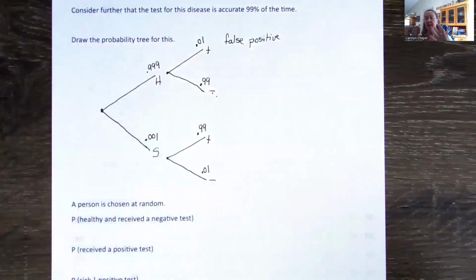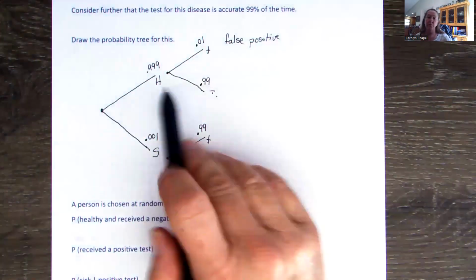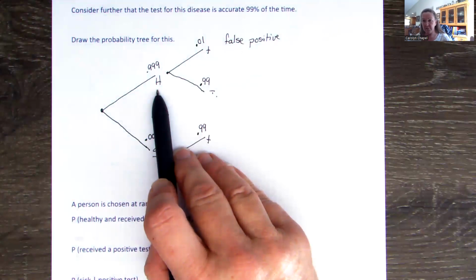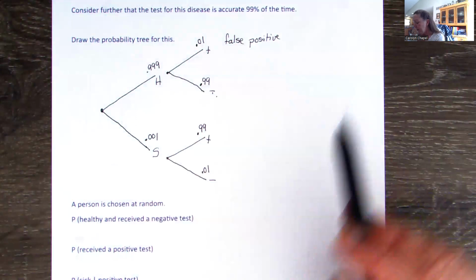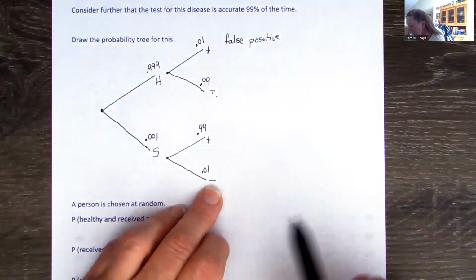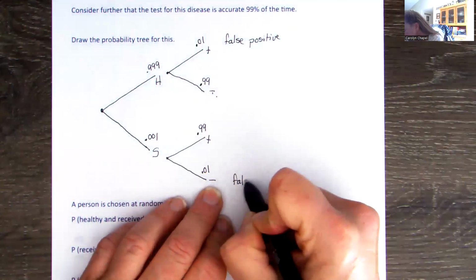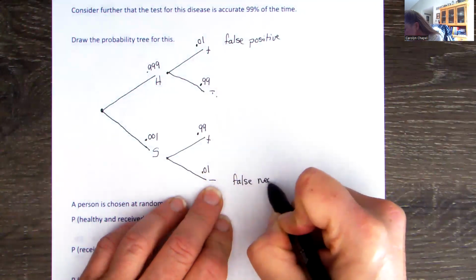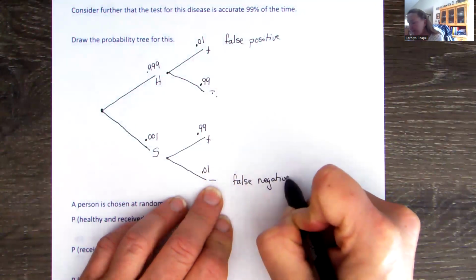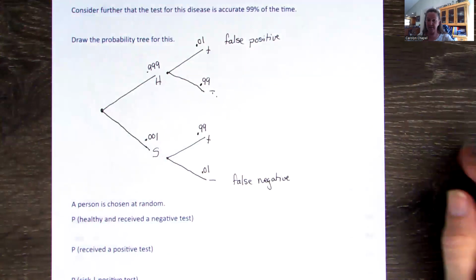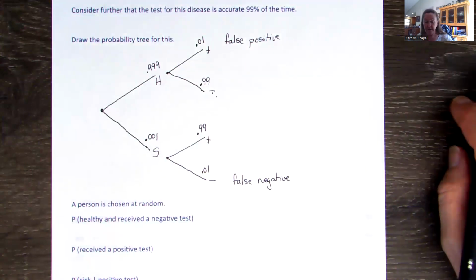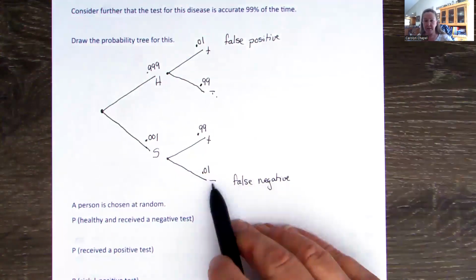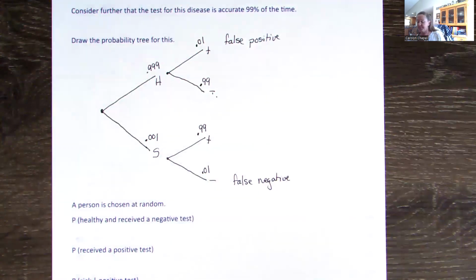That's coming back saying, hey, you're sick, but you really were healthy. So it's falsely saying the result. Down here is our false negative, meaning the test came back negative, but it was incorrect because it's saying you're healthy, but in fact, you really are sick.